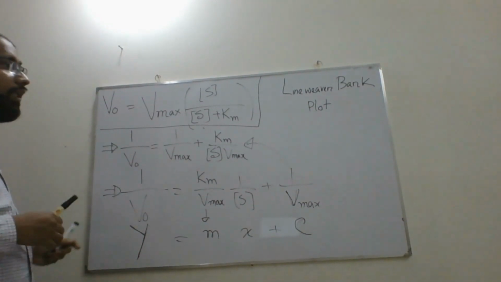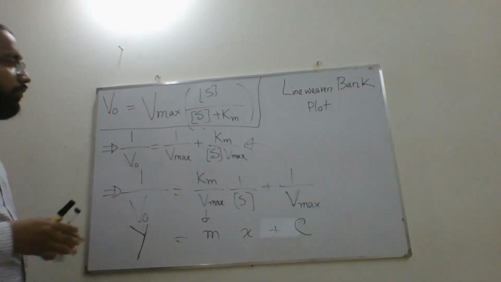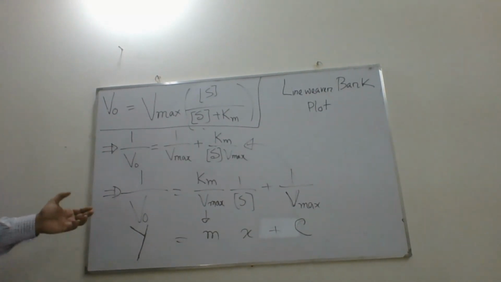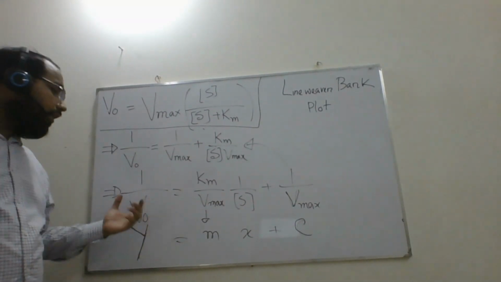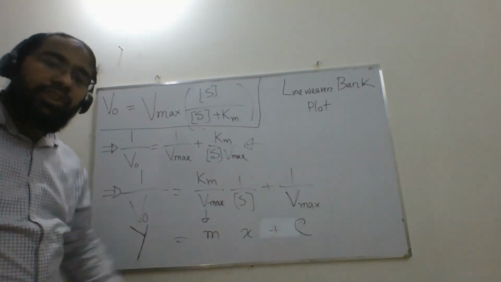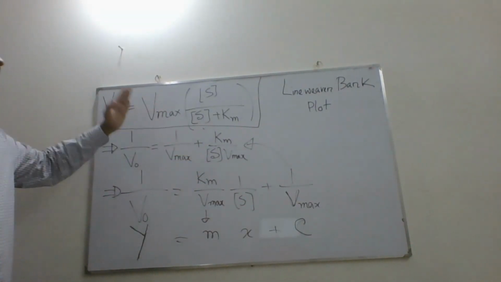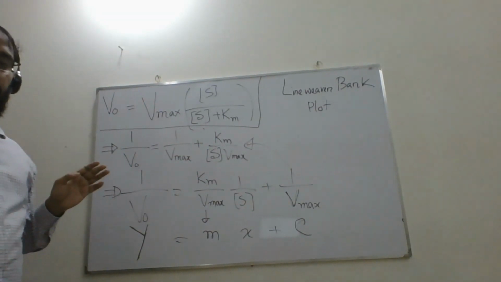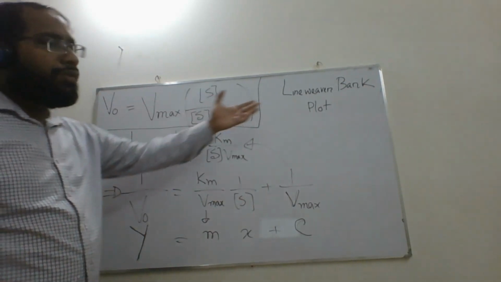As a result, we will be able to determine any kind of parameter from this equation more easily than from the other one. Because of that, we go for the Lineweaver-Burk plot.